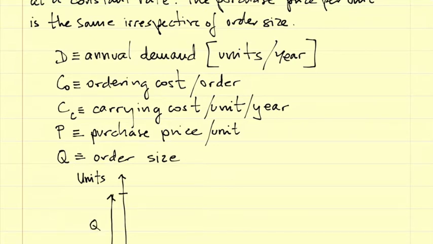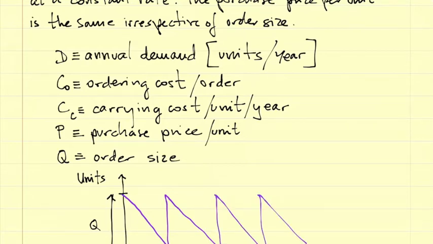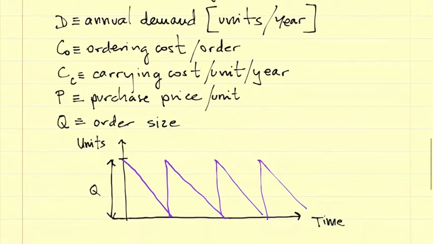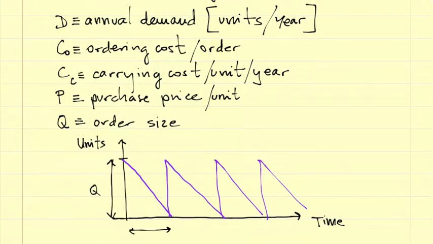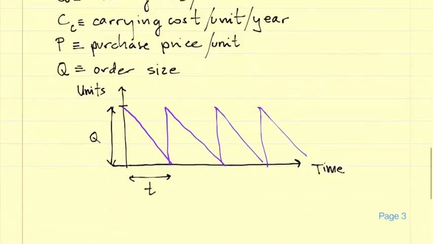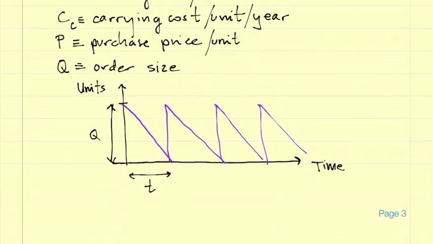And then we have something that the inventory level goes like this. Bam. And then goes up again instantaneously, and then goes like that all the time. Okay, and this is T.